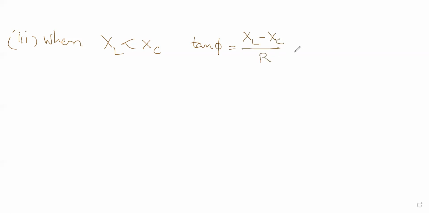Next, the third part, when XL is less than XC. So what happens for tan phi? Tan phi is XL minus XC divided by R. This time it is negative. Hence, current leads voltage.